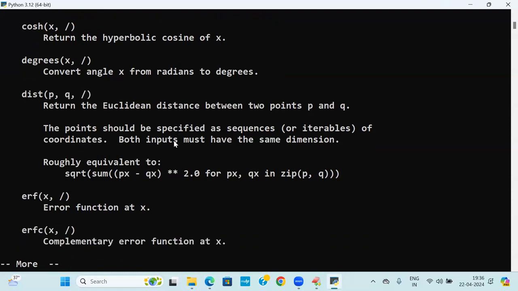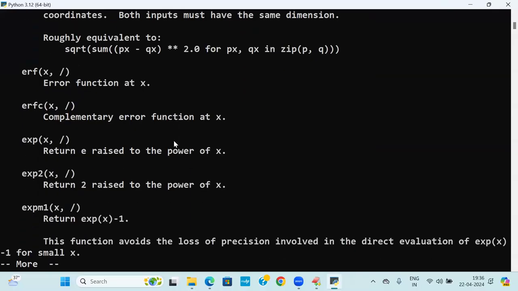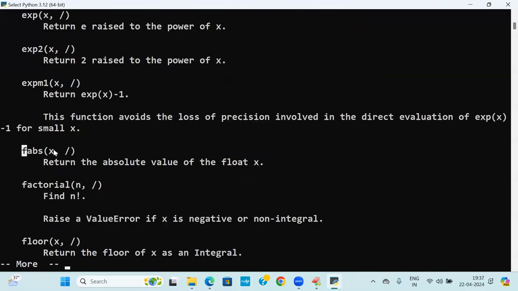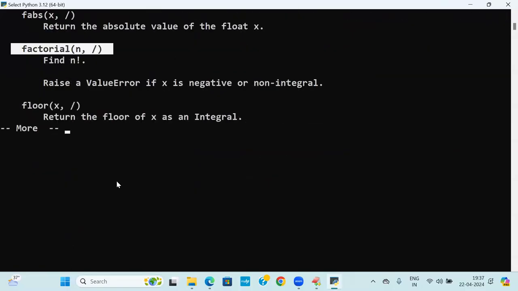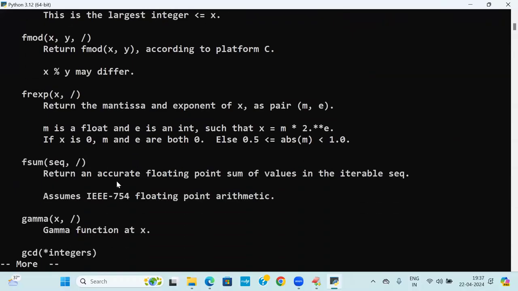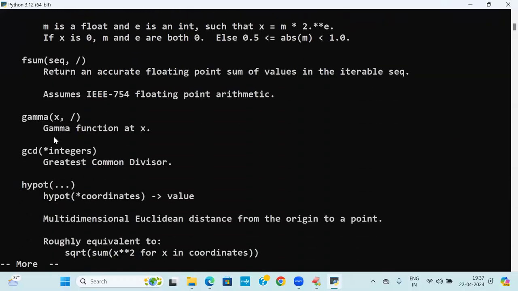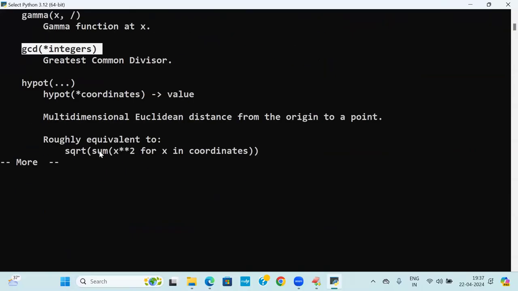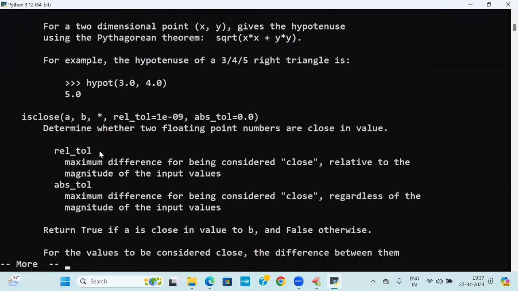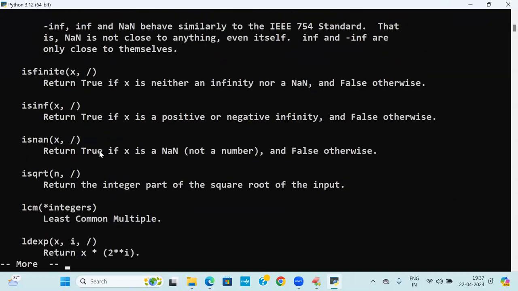You learned and forgot, of course, that is different. exp, exponentiation, fabs, factorial function, floor function, fmod function, fsum function, gamma, gcd, hyperbolic functions. See the number of functions.